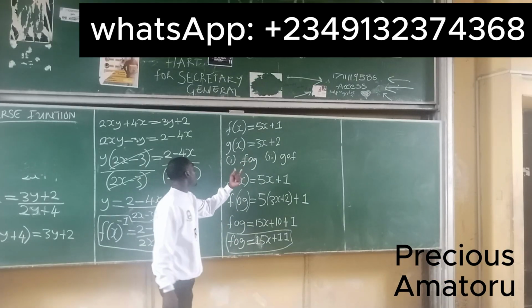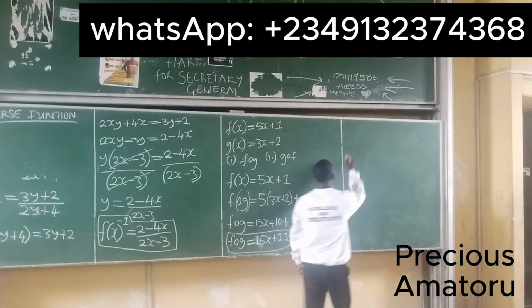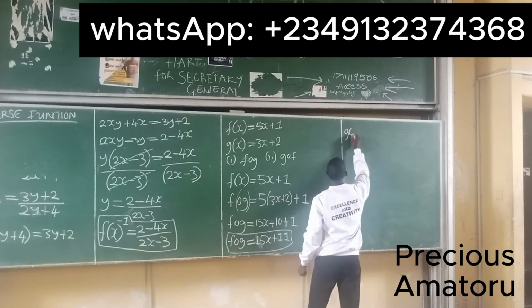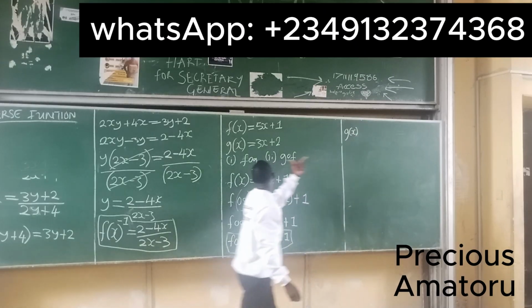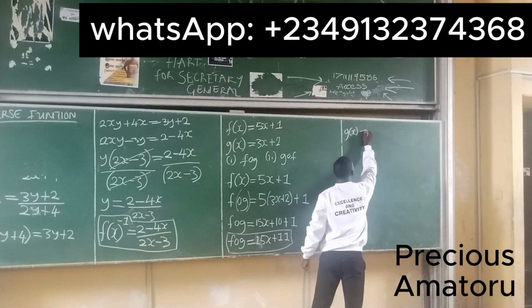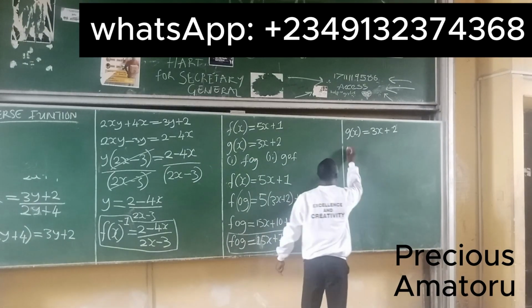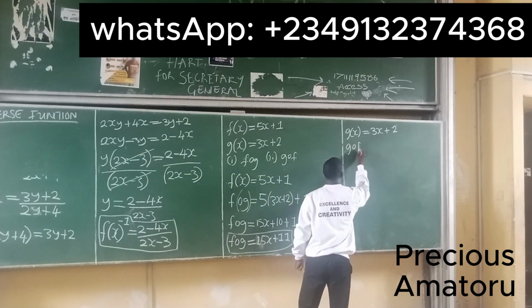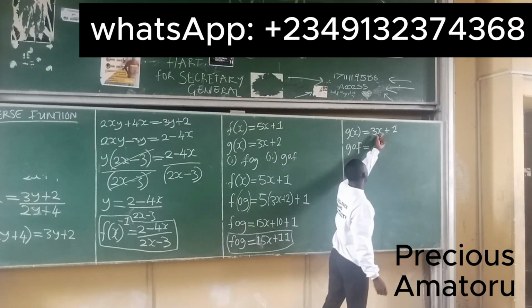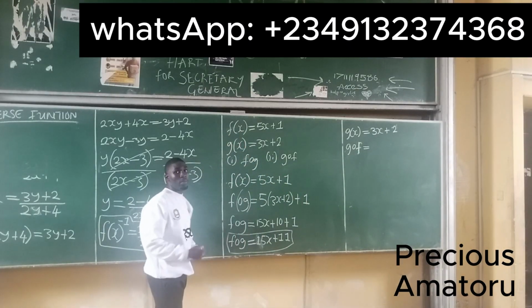Let's see how we can get g of f. We have g of x equal to 3x plus 2. For g of f, whatever we have as x should be replaced with the function of f.